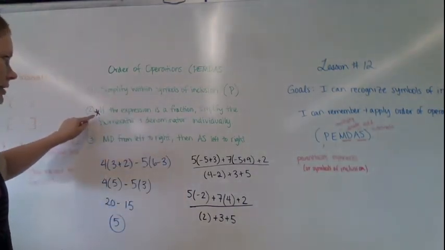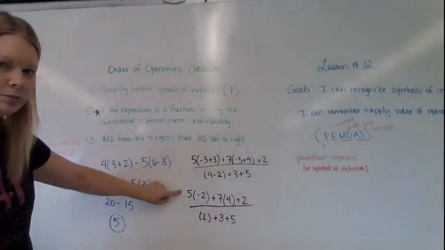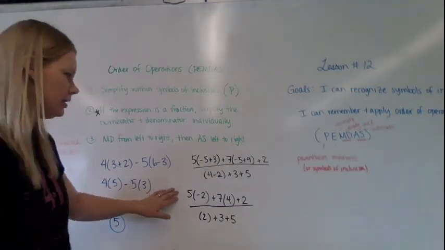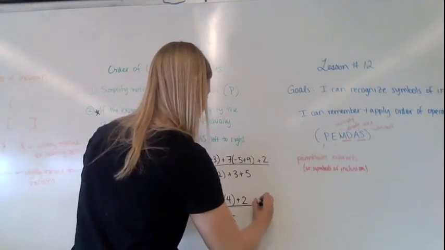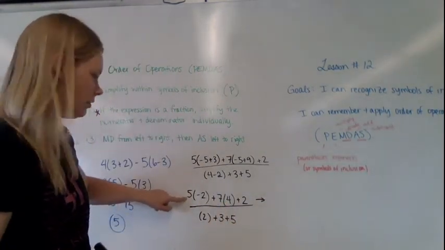Now that I have simplified within all of my symbols of inclusion, I'll move to step 2. This expression is a fraction, and so I'm going to fully simplify the numerator and then fully simplify the denominator. I'm going to start with the numerator first. And I'm going to do any multiplication or division that I see from left to right.